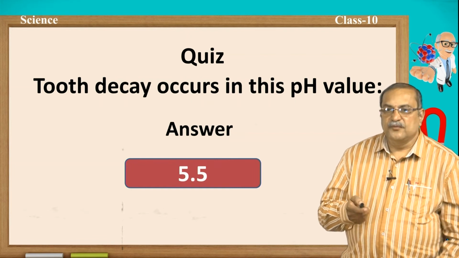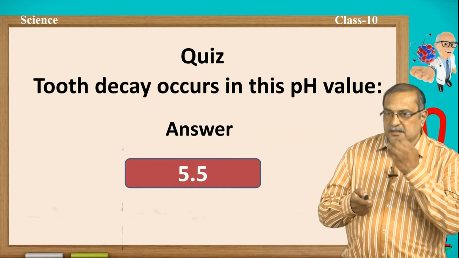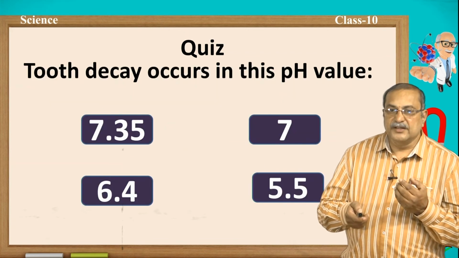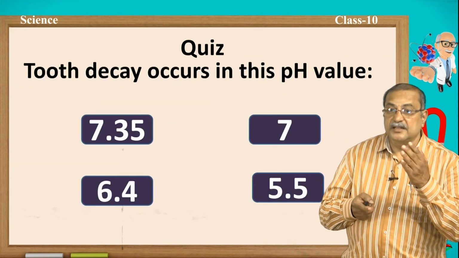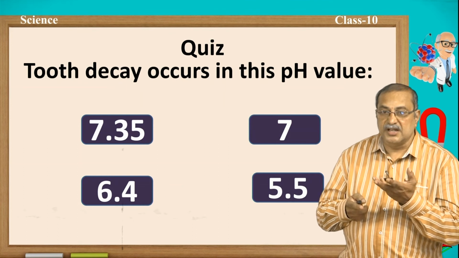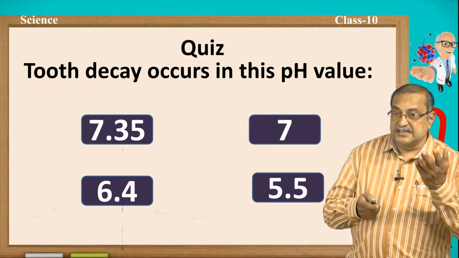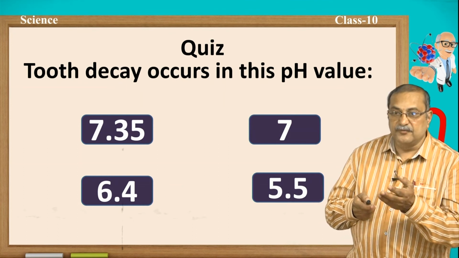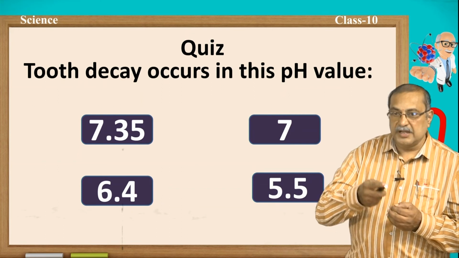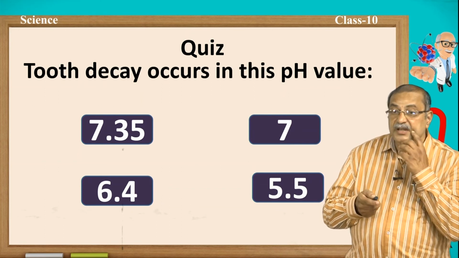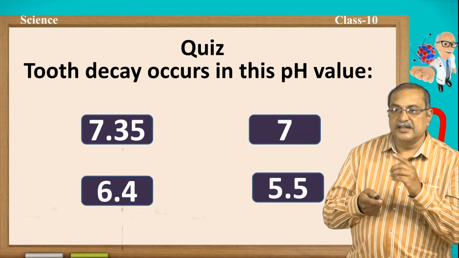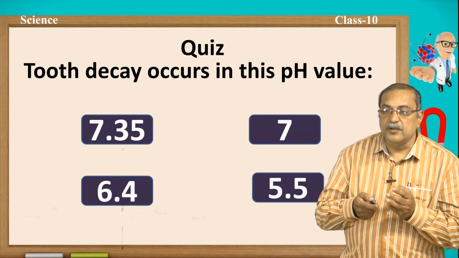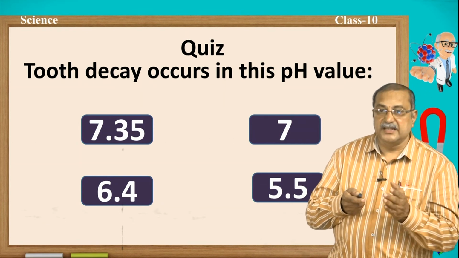Clear? 7.35 is slightly basic in nature, 7 is neutral, 6.4 is acidic in nature, even 5.4 is more acidic. So, enamel is going to be affected at a pH value less than 5.5, that is more acidic in nature.